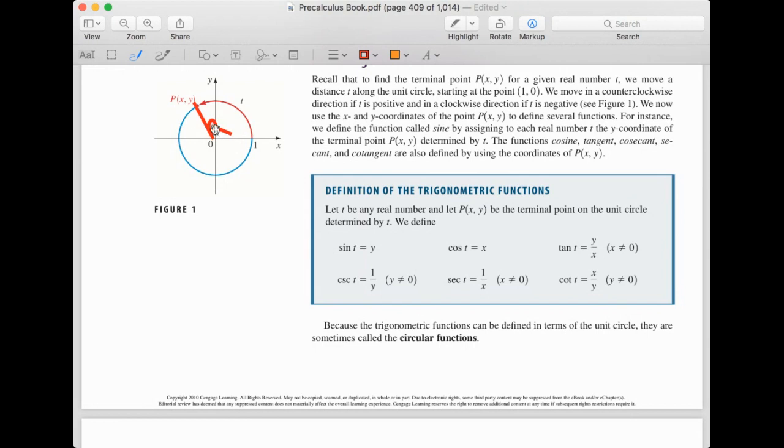Because it's on the unit circle, for any triangle we draw, the hypotenuse is 1. Let's look at this triangle. You see the hypotenuse is 1, because the hypotenuse is the radius of the circle.